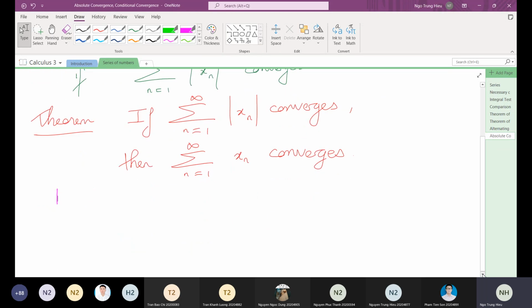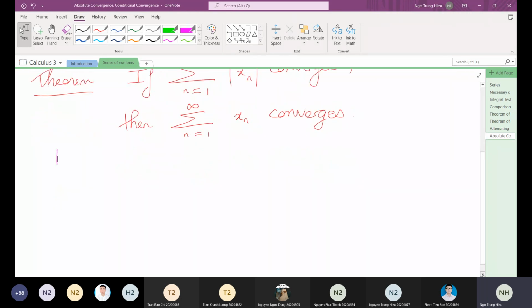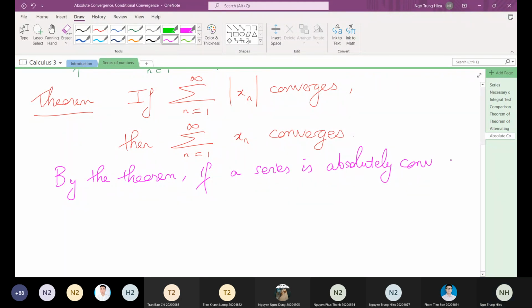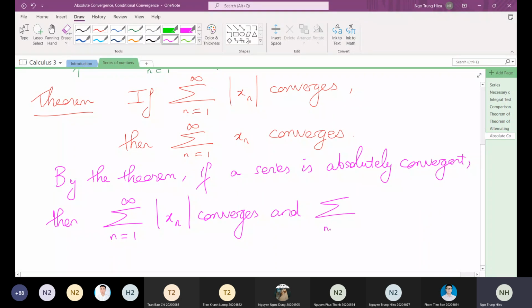you see that by the theorem, right? If a series is absolutely convergent, then both the absolute series converges and the normal series converges.